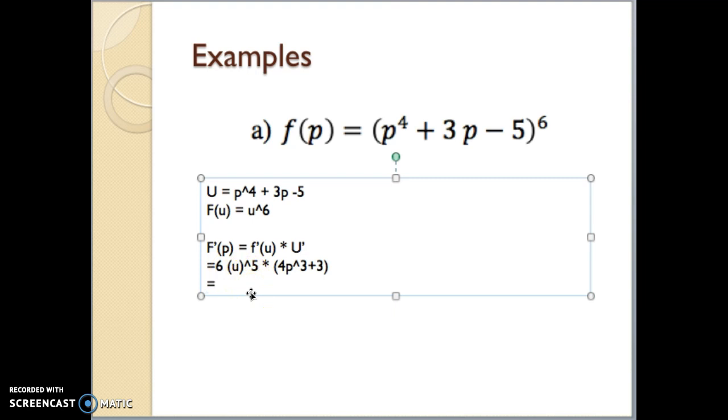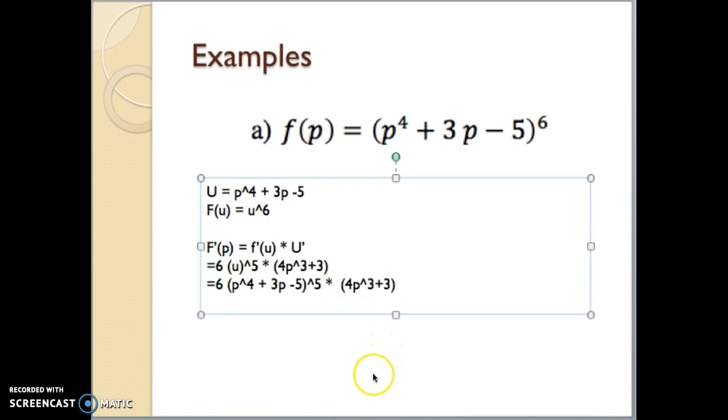So this would be 6 times, I'm going to take u here, raise it to the 5th power, and then multiply it by that last piece. There we go.